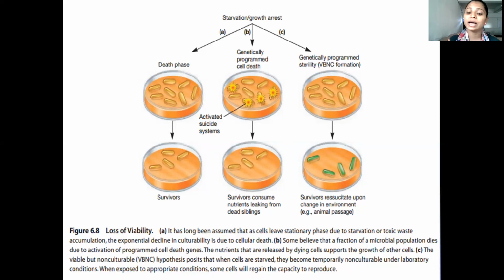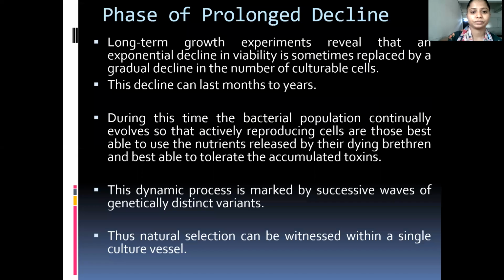The nutrients that are released by the dying cells support the growth of other cells. In C, the viable but not culturable hypothesis posits that when the cells are starved, they become temporarily non-culturable under laboratory conditions. When exposed to appropriate conditions, some cells will regain the capacity to reproduce.